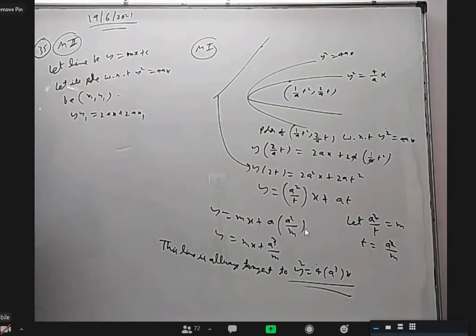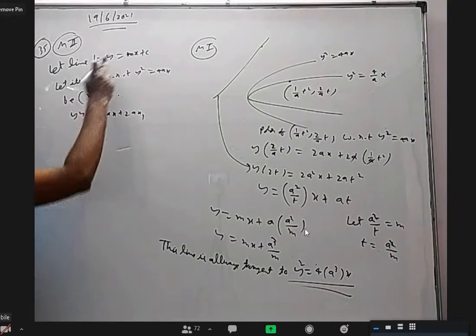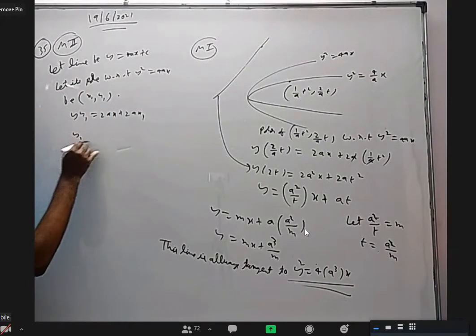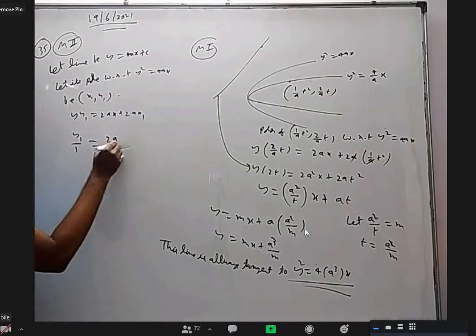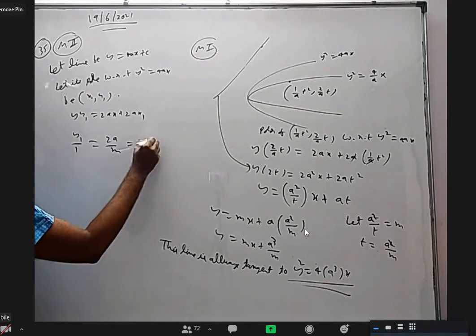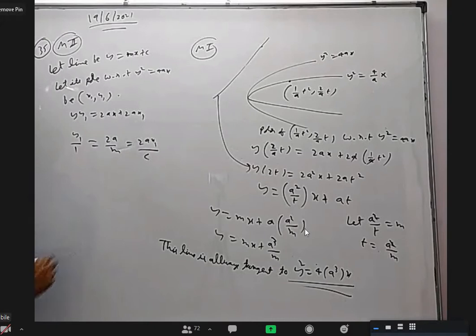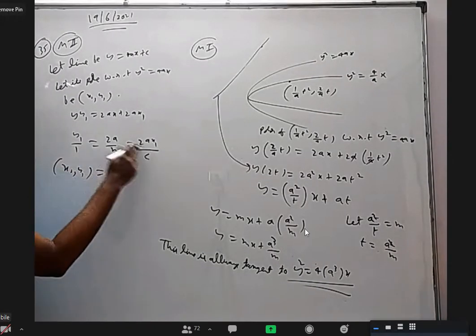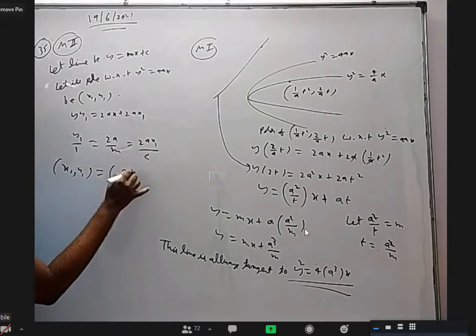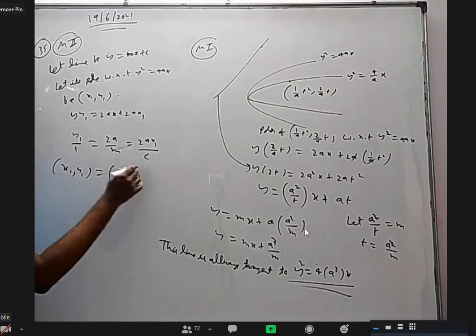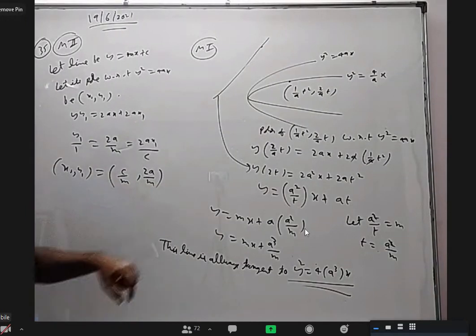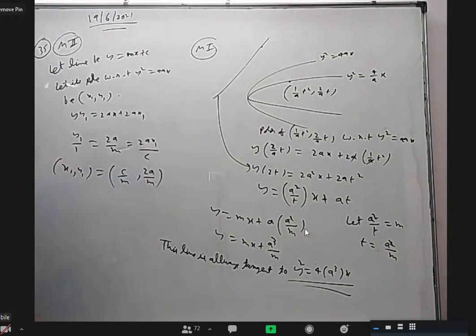So I have to compare. If I compare the y coefficient, I'll get y1. The x coefficient is 2a by m, 2a x1 by c. Then I'll get x1 comma y1 as c by m, 2a by m, by equating these two. This should satisfy the parabola equation.